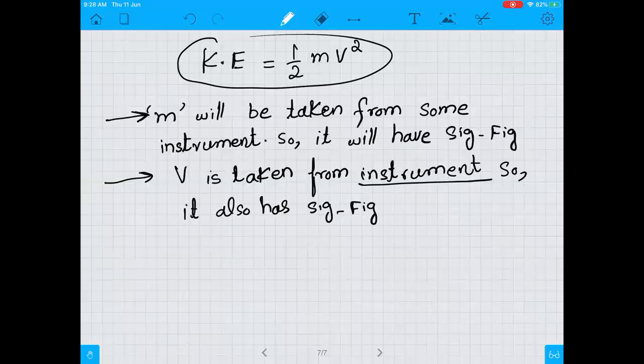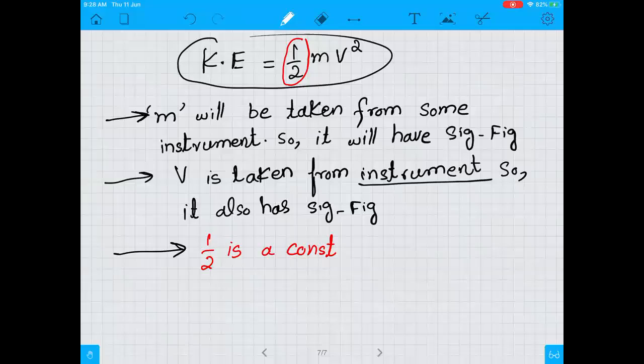1 over 2 is not taken from any instrument. It is just a constant that will always remain 1 over 2. So this 1 over 2 cannot change. 1 over 2 is a constant.